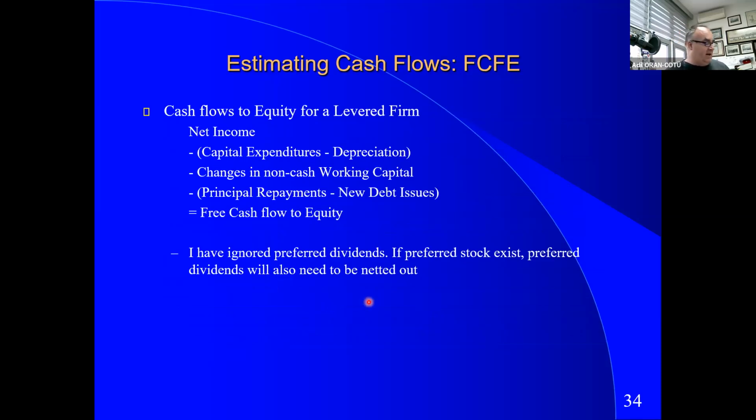To estimate the free cash flow to equity, what are we going to be using? Here, cash flows to equity for a levered firm, for a company that is using debt, we start out with net income, which is after taxes, right? So net income minus net capex minus change in non-cash working capital, but also taking into account, are we issuing new debt? Actually, I would put a plus sign here and reverse these. So net debt issues minus principal repayments.